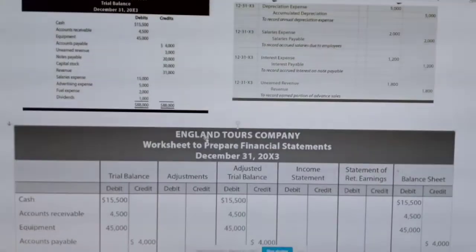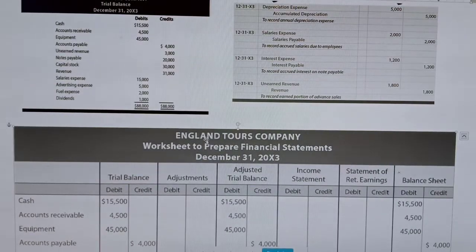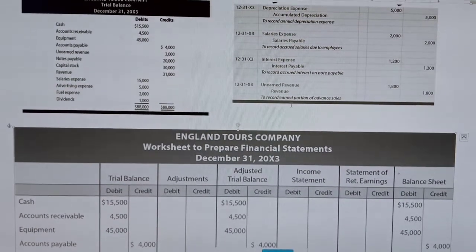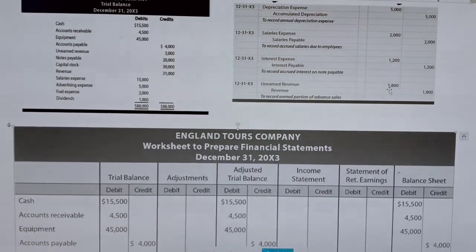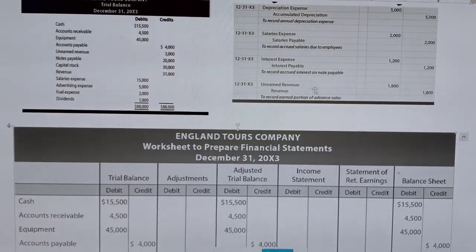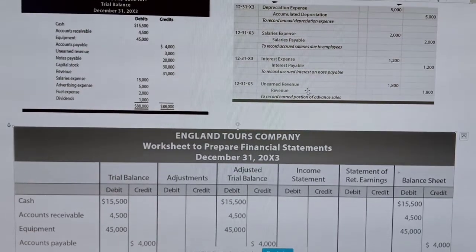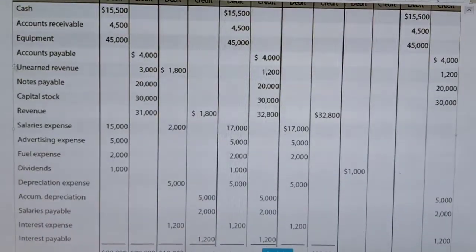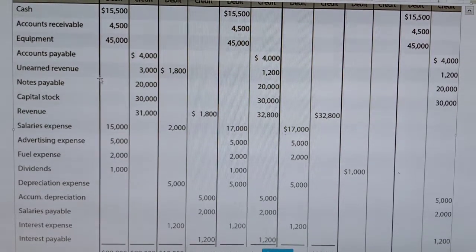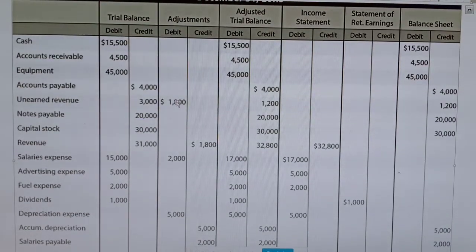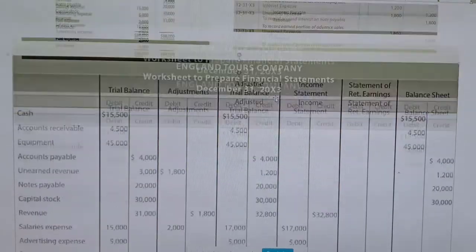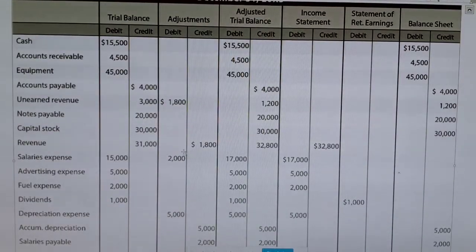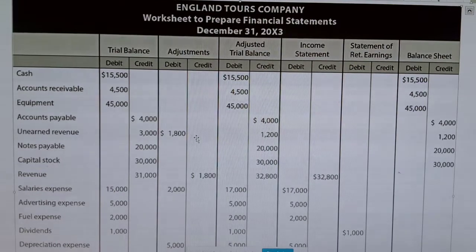Okay? And then lastly natin na adjustment entry ay debit unearned revenue 1,800 and credit revenue 1,800. So, ayan. Dahil meron tayong unearned revenue, isusulat na lang natin sa debit column yung 1,800 and then yung ating revenue sa credit naman under ng adjustment na 1,800. So, yan po yung pagta-transfer ng adjustment from the journal to worksheet.